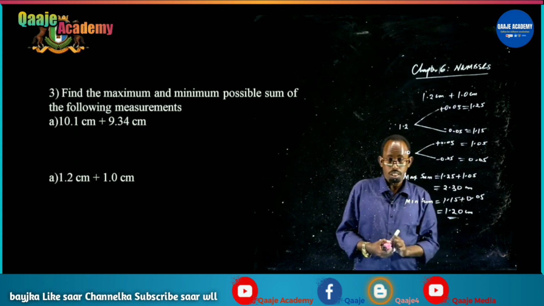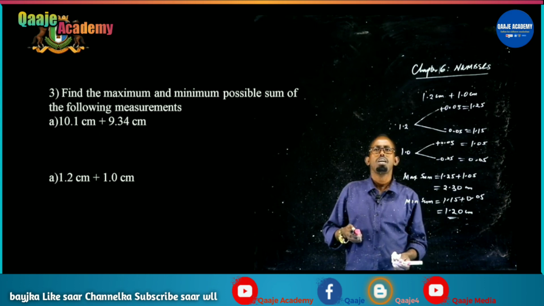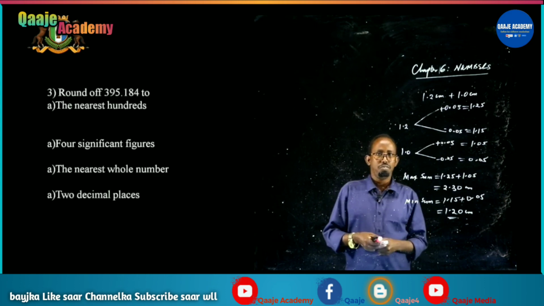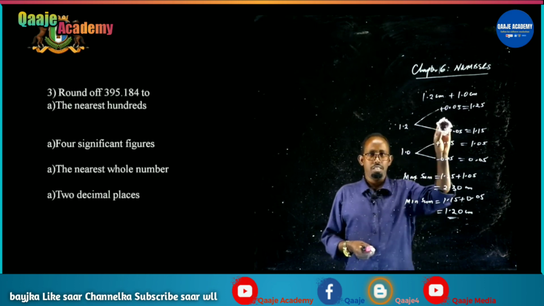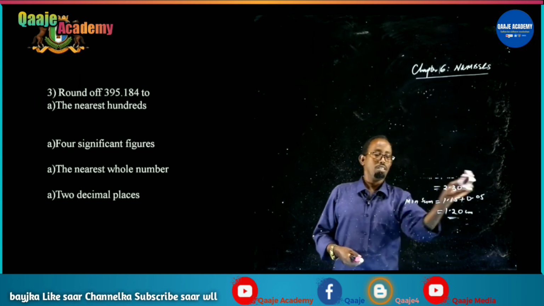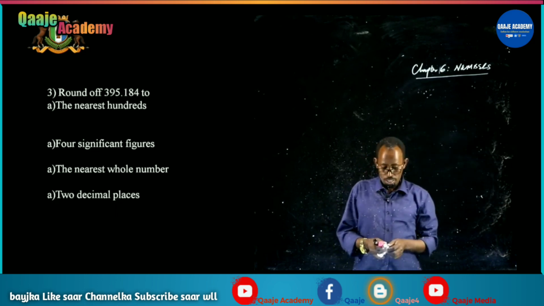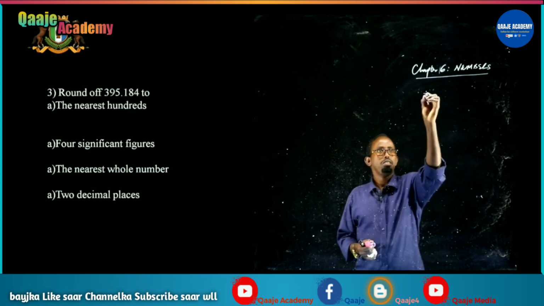Rounding of numbers. This is the last example. The number is 395.184. You're told to round off this one to the nearest hundreds.